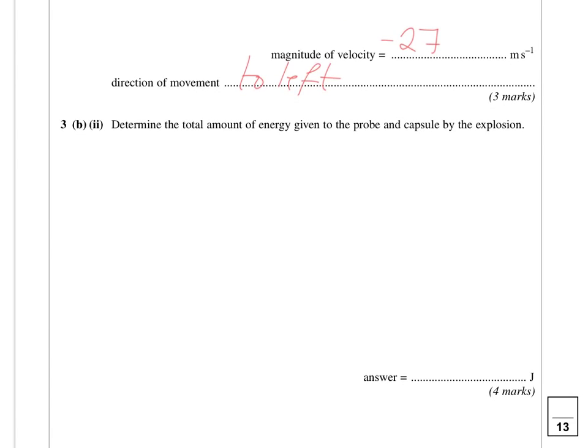Determine the total amount of energy given to the probe and capsule by the explosion. So we essentially need to work out the initial kinetic energy, half times 500 times 160 squared. 0.5 times 500 times 160 squared is 6.4 times 10 to the 6 joules.